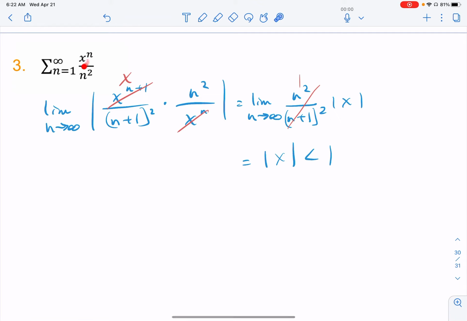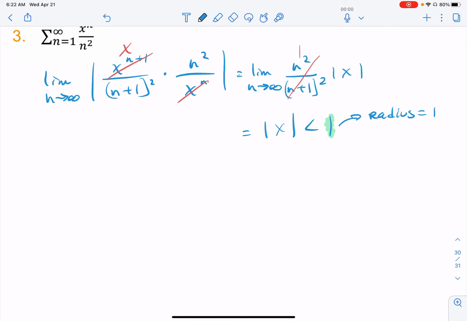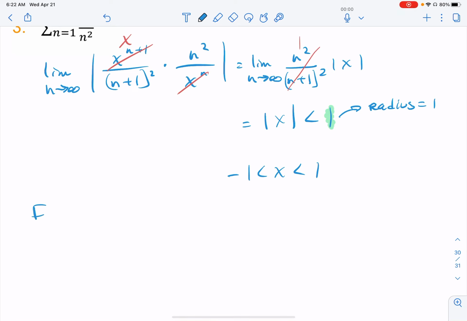And our center point here, you can see, is 0. And this number over here is the radius of convergence. All right, and then as we've done before, we get rid of the absolute value symbols as -1 is less than x, which is less than +1, and we'll have to check the endpoints.